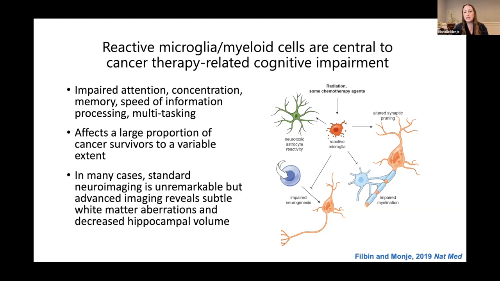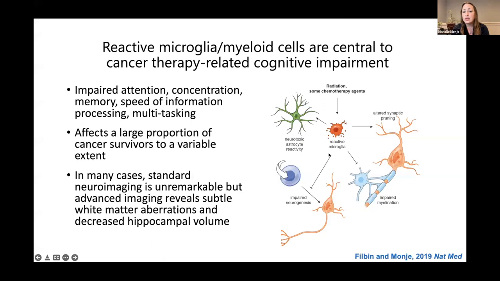And in many cases, the persistent cognitive dysfunction is somewhat mysterious. There's no obvious structural damage. Standard neuroimaging is unremarkable, but advanced neuroimaging does reveal subtle white matter aberrations and decreased volume, particularly of the hippocampus. What has become clear is that central to this are reactive microglia, which can in turn induce a neurotoxic state of astrocyte reactivity, as we know from beautiful work from the Barres lab and Shane Liddelow's group.